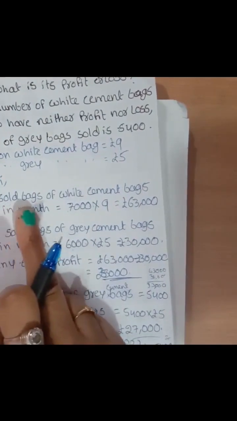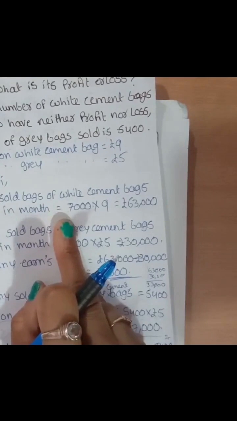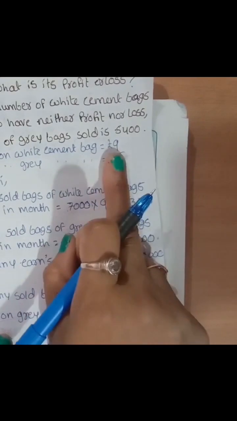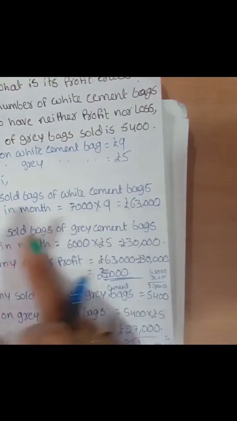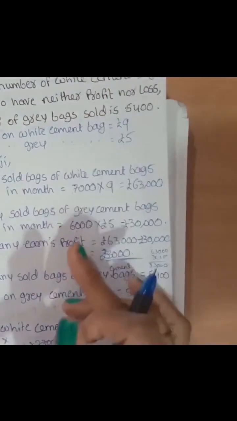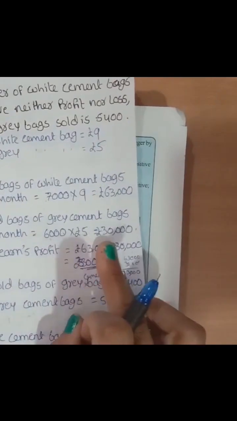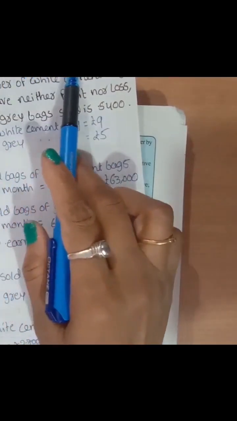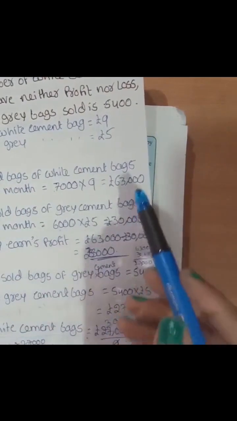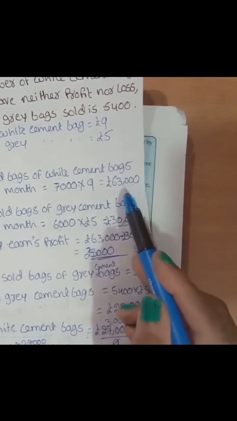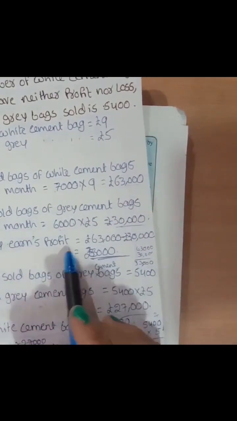First, the company sold 7,000 bags of white cement in a month, into a profit of 9, so that is 63,000. The company sold 6,000 bags of grey cement in a month, 6,000 times 5 equals 30,000. What is the question asking, profit or loss? Here it is 63,000 profit and 30,000 loss, so the company earns a profit.